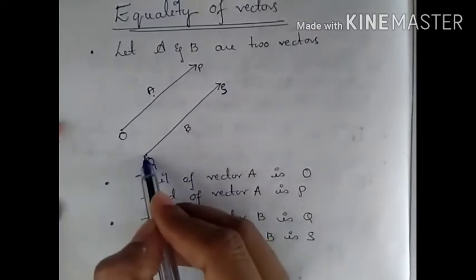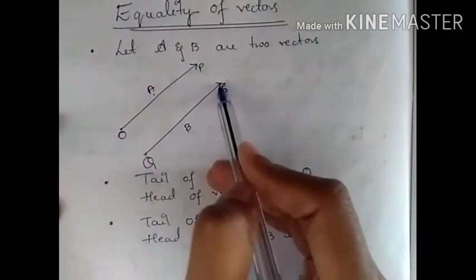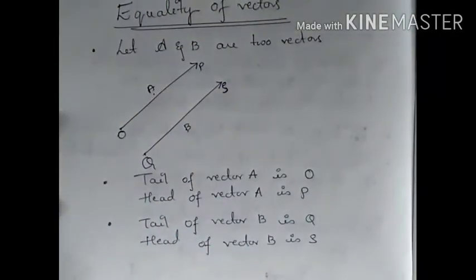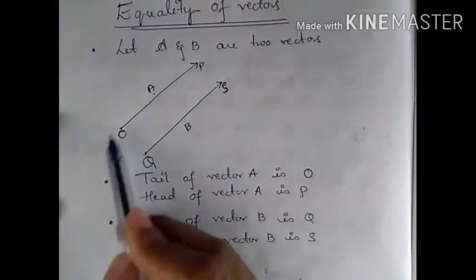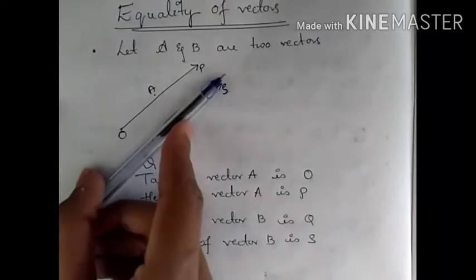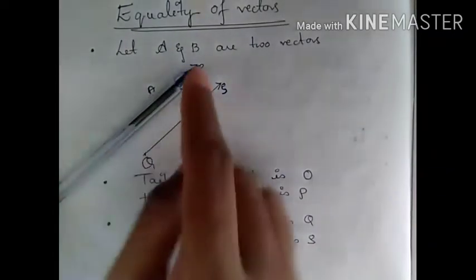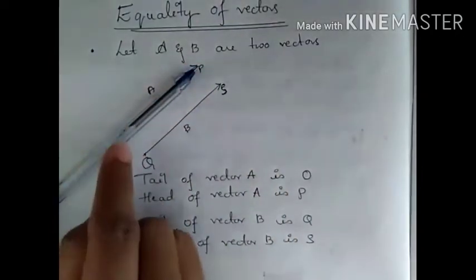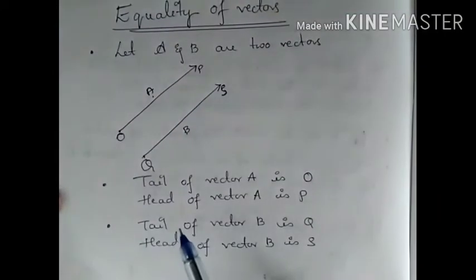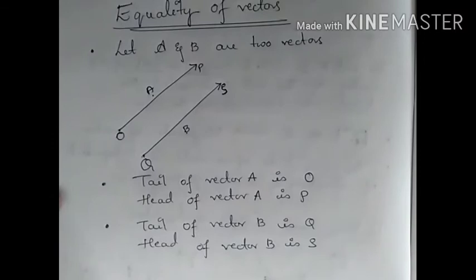Now if you shift this point Q onto O, then P and S will also coincide. You should shift it parallelly, like this, so that P coincides with S and Q coincides with O. Then you can tell these two vectors are equal vectors.